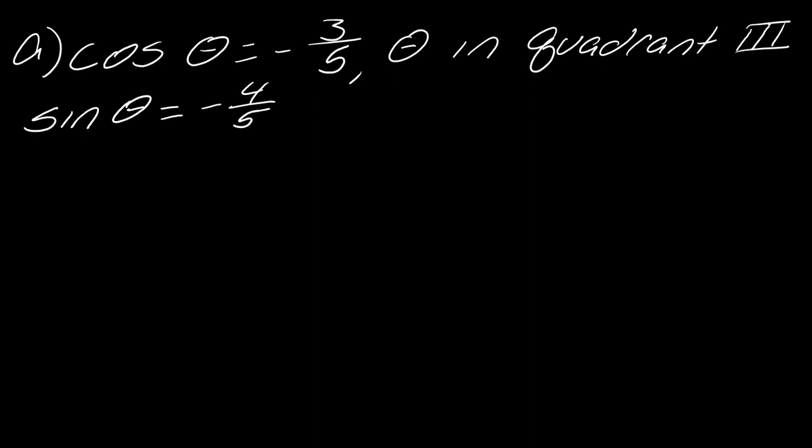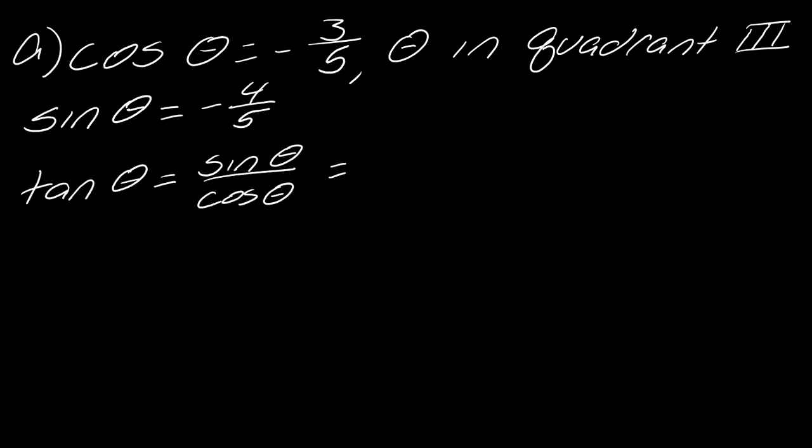Okay, and so now we're in the home stretch, so I can go ahead and use one of the quotient identities. Tangent of theta is found by taking sine of theta over cosine of theta. So this becomes -4/5 over -3/5. Told you I can't write today.